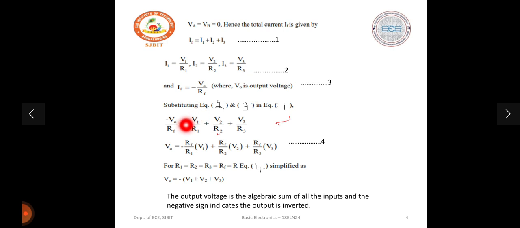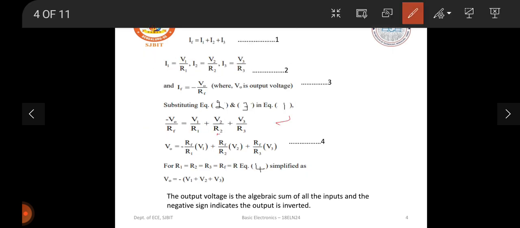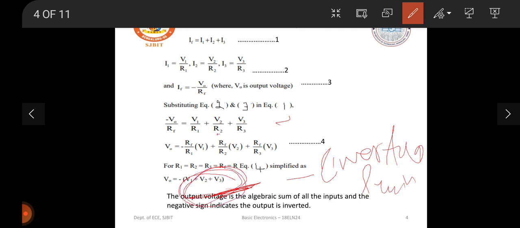Once we substitute, we start solving for V0. My V0 is equal to minus of (RF by R1 into V1 plus RF by R2 into V2 plus RF by R3 into V3). Now if all the resistances here, that is R1, R2, R3 and RF, are equal in magnitude and we substitute them as R, I get the output voltage expression as minus of V1 plus V2 plus V3, where the minus sign indicates an inverting summer, with the summation of the voltages present at the single node.